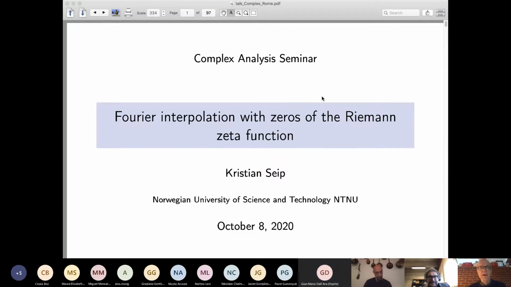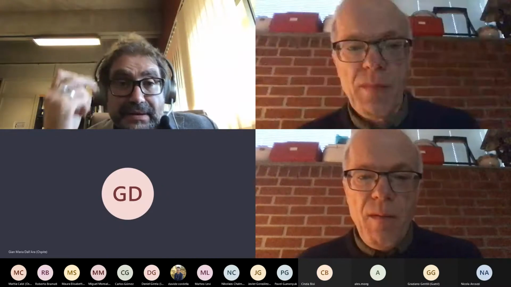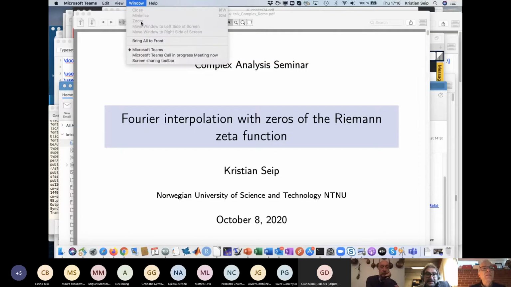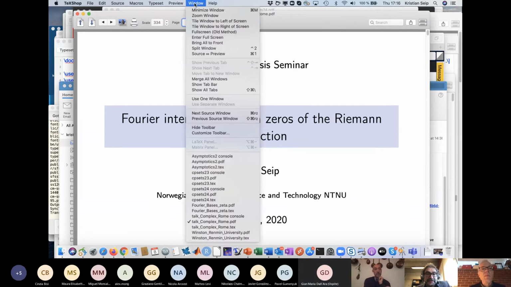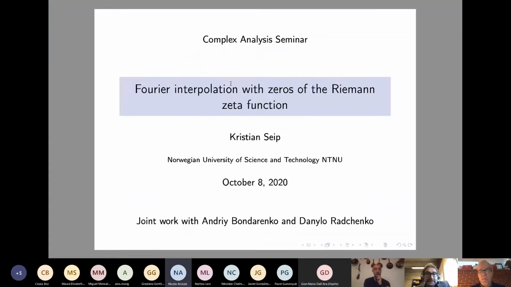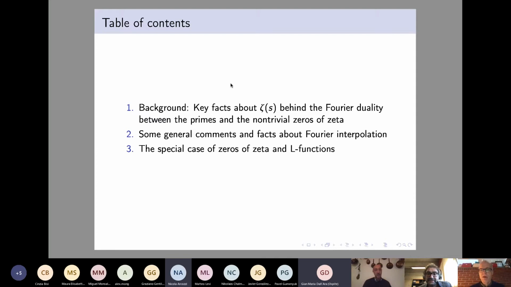Kristian, why don't you try, instead of sharing the file, to share your screen? I think you shared directly the PDF. Okay, I go to the share tray. Could it be this one? Yes, on full screen, it should work. Perfect. Great. That's perfect. I'm really sorry. No problem.